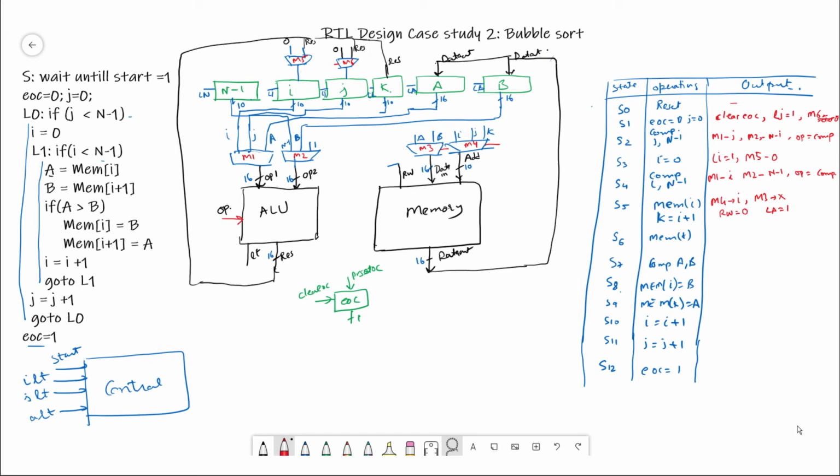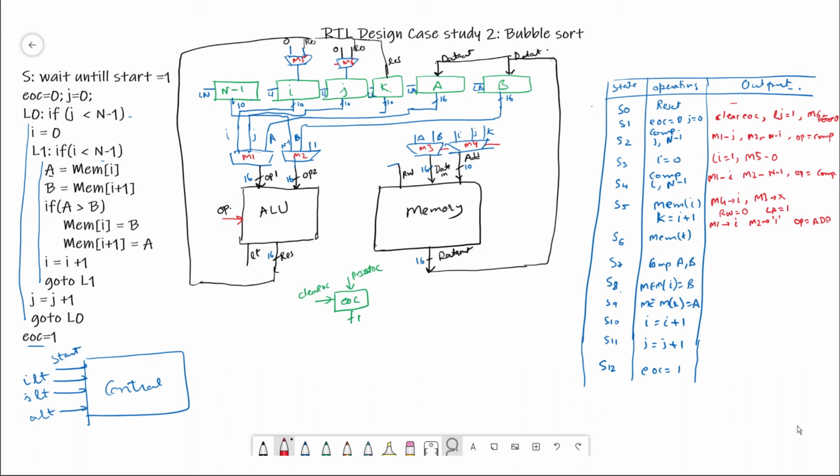So the M1 multiplexer is selecting I, the M2 multiplexer is selecting 1, and the operation is going to be add.